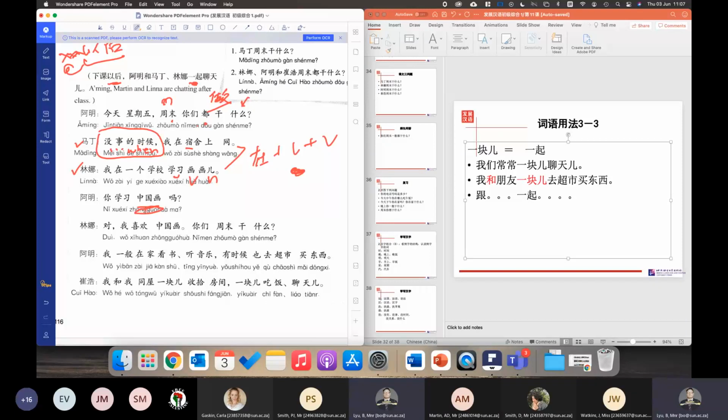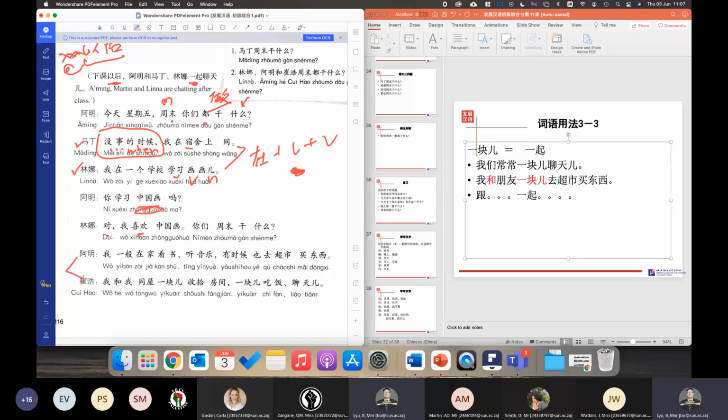So Lina answered yes, that's correct. 对，我喜欢中国画. We discussed 喜欢 yesterday. It means like. I like Chinese painting. Then Lina asked back, 你们周末干什么?